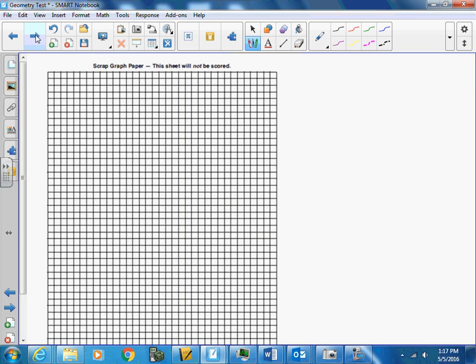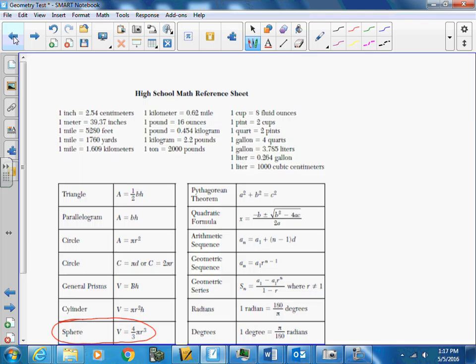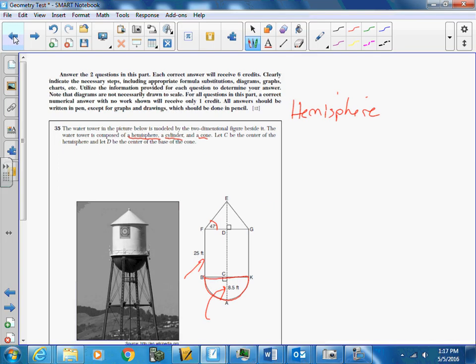The volume of a hemisphere is 2/3, so V is equal to 2/3 pi r to the third. So you have to know that a hemisphere is half of a sphere. If you don't know that, you're not going to be able to do this. All right, okay, so we have that.